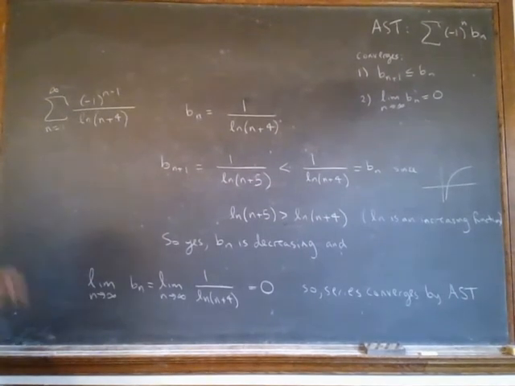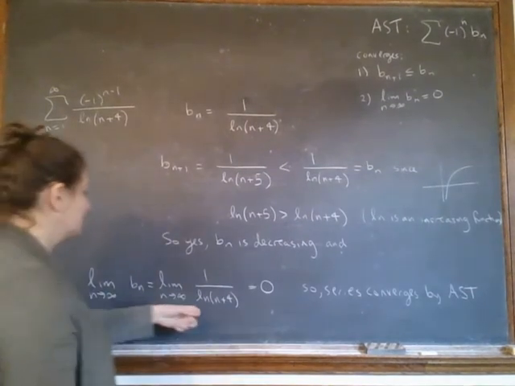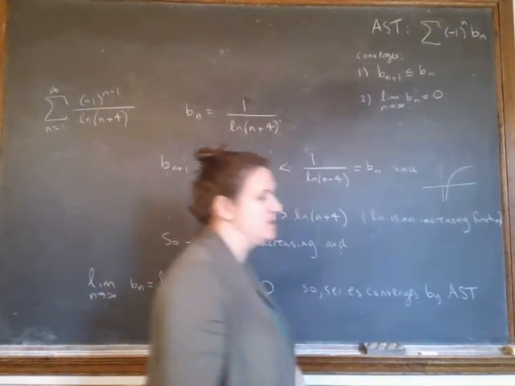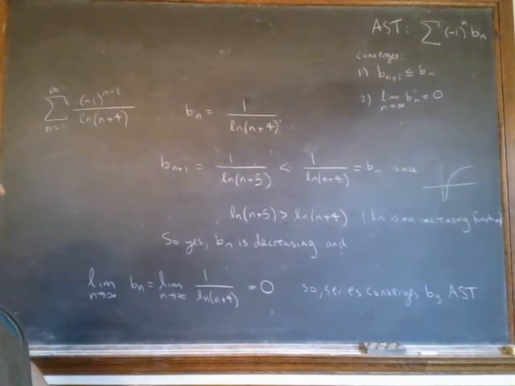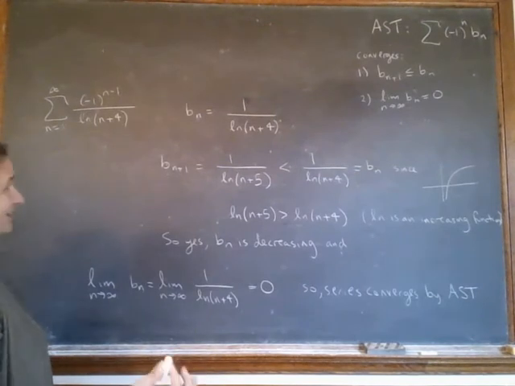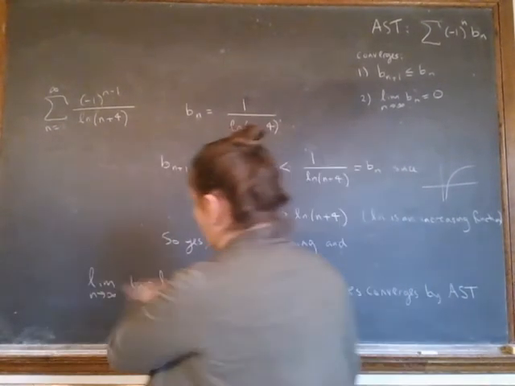Typically, where these alternating series tests are going to fail is in this here, if your limit isn't going to 0. If you can't get that the b_n's are decreasing, maybe the test is going to fail for that, but then you can't really say anything about it. But typically for our examples, it's going to happen here.